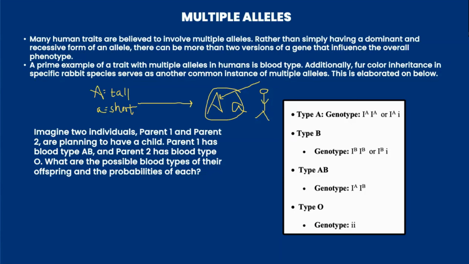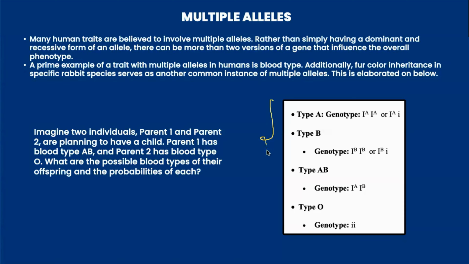Well, with multiple alleles, you can get more than two versions of a gene, and heterozygous tends to give a very unique combination. So, for example, blood types are an example of multiple alleles. We have blood type A, which genotypically can be seen as two capital A's.